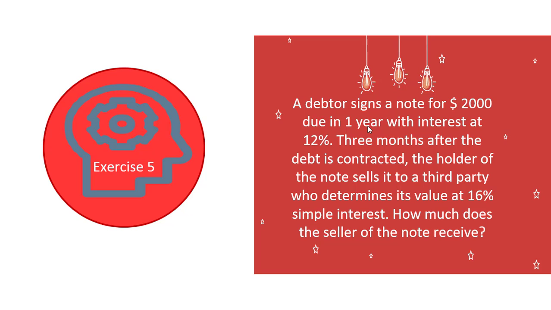Note that he says a debitor signs a note for $2,000 with interest 12%. So I must get the amount for $2,000. So the maturity value for the note here is the amount for $2,000 after 1 year with 12%.